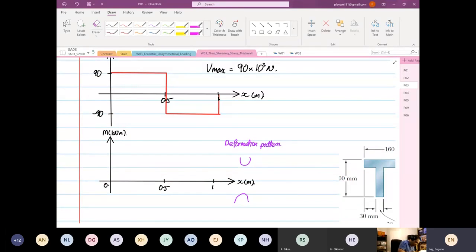Okay. So we know that at 0.5, this is your bending moment diagram. And the maximum bending moment will be equal to 45 kilonewton meter, and this is acquired by 90 times 10 to the power 3 multiplied by 0.5.